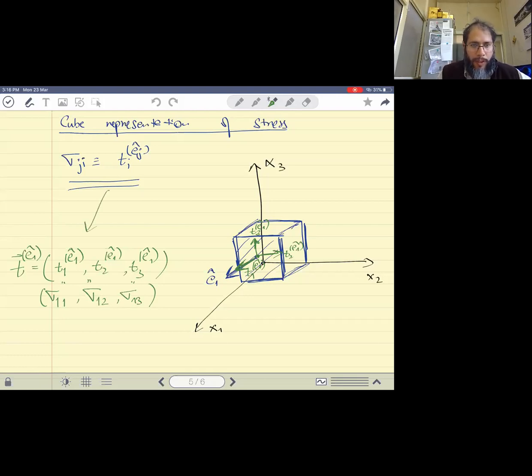So sigma 1 1, sigma 1 2, and sigma 1 3. So this is sigma 1 1. This was sigma 1 2, and this was sigma 1 3. Okay, similarly, I can draw three more planes. And what I ultimately see is that I have my sigma 1 1.